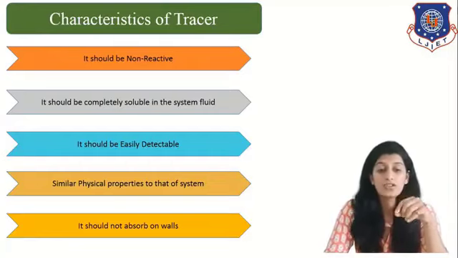Next is similar physical properties to that of the system, right? So it should also have properties similar to our system, and the most important property is that it should not get absorbed on the walls of your reactor.